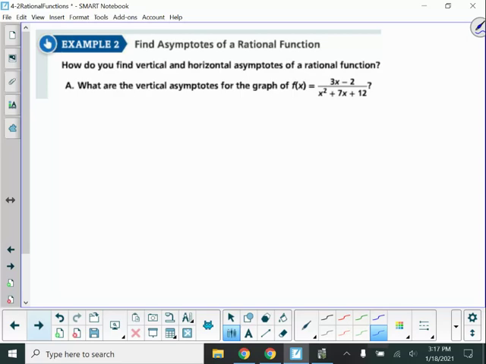So example 2, find the asymptotes. This is part A. How do you find the vertical and horizontal asymptotes? Although part A only asks us to find the vertical asymptotes. Your vertical asymptote is going to occur when your denominator is equal to 0.